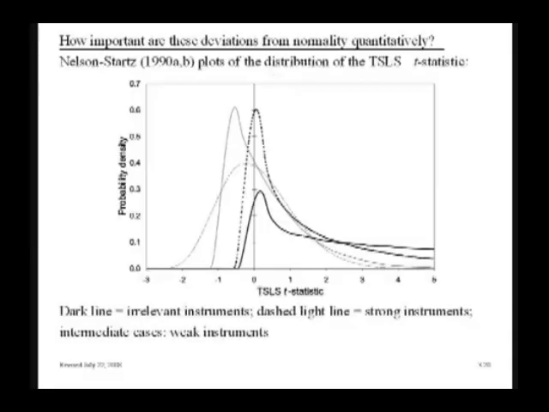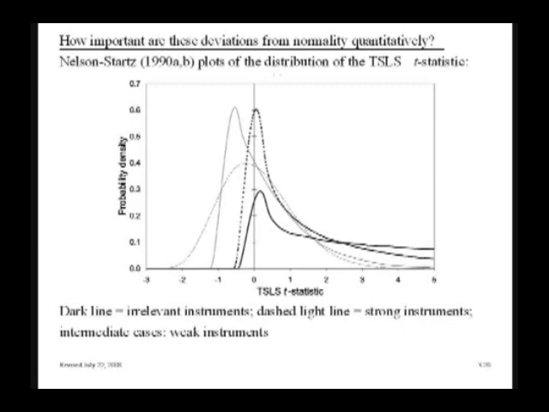This is important. So here's a simulation from Nelson and Startz. This is looking at the t-statistic for a variety of different values of the concentration parameter. I believe it starts out with the dark line being irrelevant instruments. So they did another one of these Bound-Jaeger type simulations. This was in a completely different design, so the distributions are different, but conceptually it's very similar.